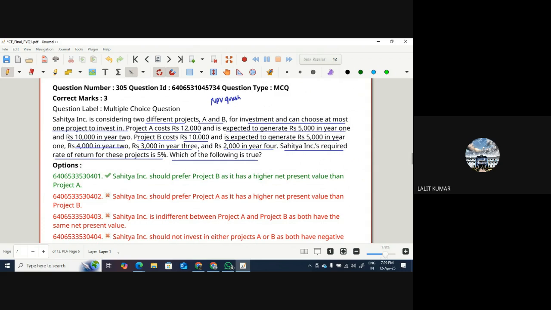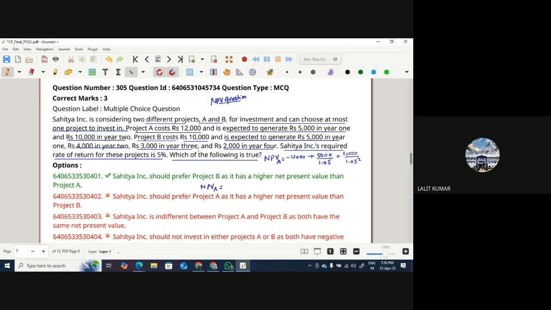So we calculate NPV A. NPV A is equal to the investment, 12,000, so this becomes minus 12,000 plus 5,000 for 1 year. The rate of return is 5%, so it becomes 1.05, plus the second year 10,000 divided by 1.05 squared.